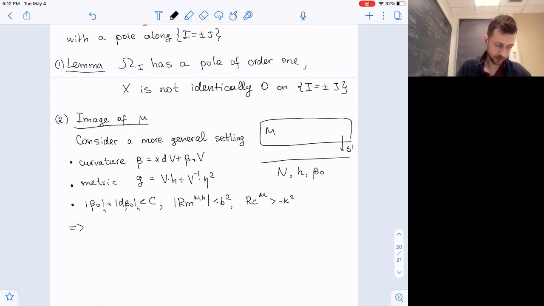So the claim is that if G is complete, then H is also complete.